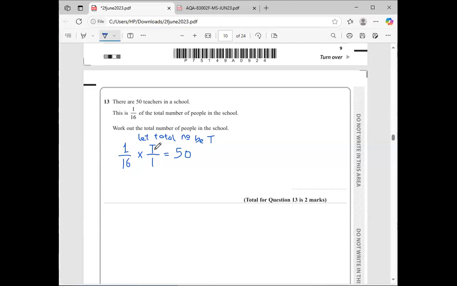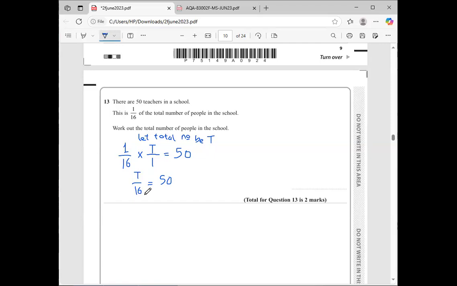So let's work on this. T times 1 is what? T, all right? 16 times 1 is what? 16. So T over 16 equals what? 50. Okay? So you're looking for T. What will you do to both sides? Multiply by 16. Thank you very much.